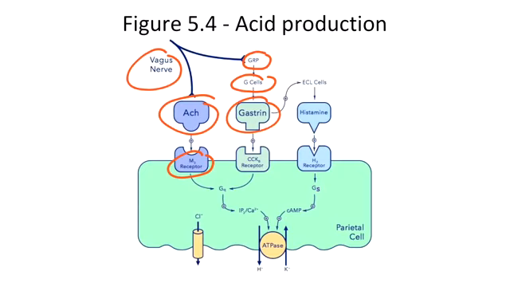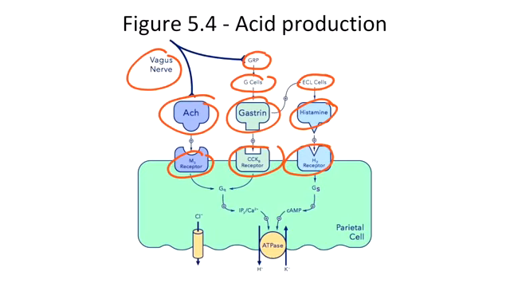Gastrin then stimulates the CCK-B receptor on the parietal cells and the ECL cells, or the enterochromaffin-like cells. The ECL cells secrete histamine, which can then stimulate the H2 receptor on the parietal cells.